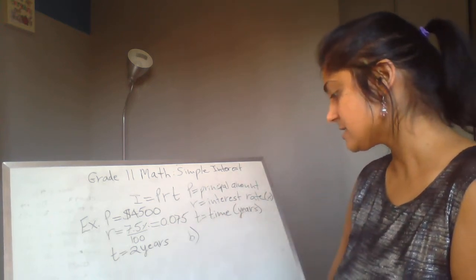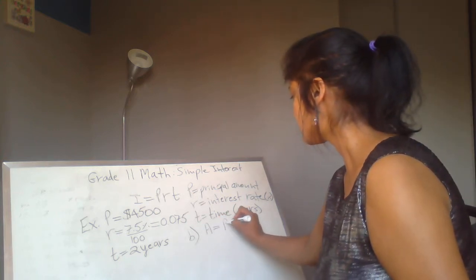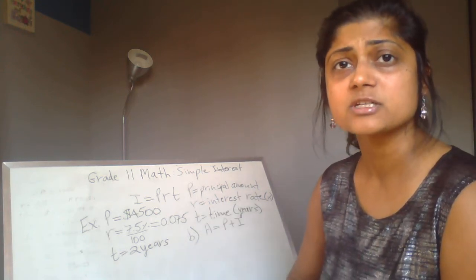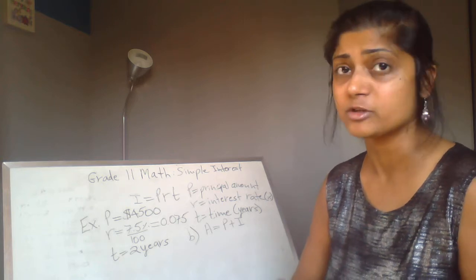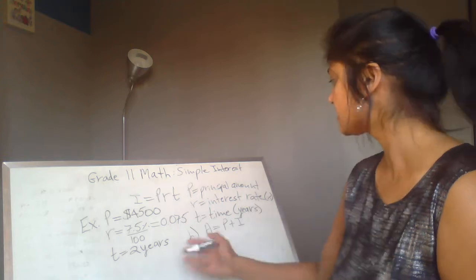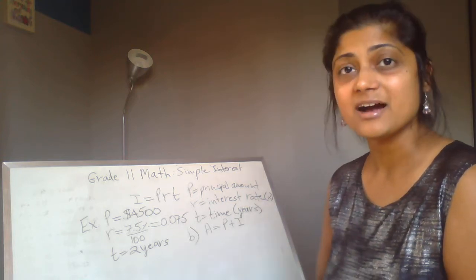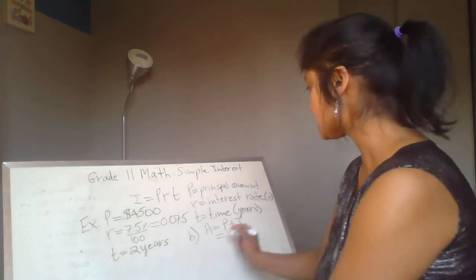There is one more formula here. It's A equals P plus I. The A here stands for the total amount that you're going to have at the end of the term, however long I'm investing my money for. P is the principal amount that I started off with, and I is my interest. So I'm going to plug in the values.